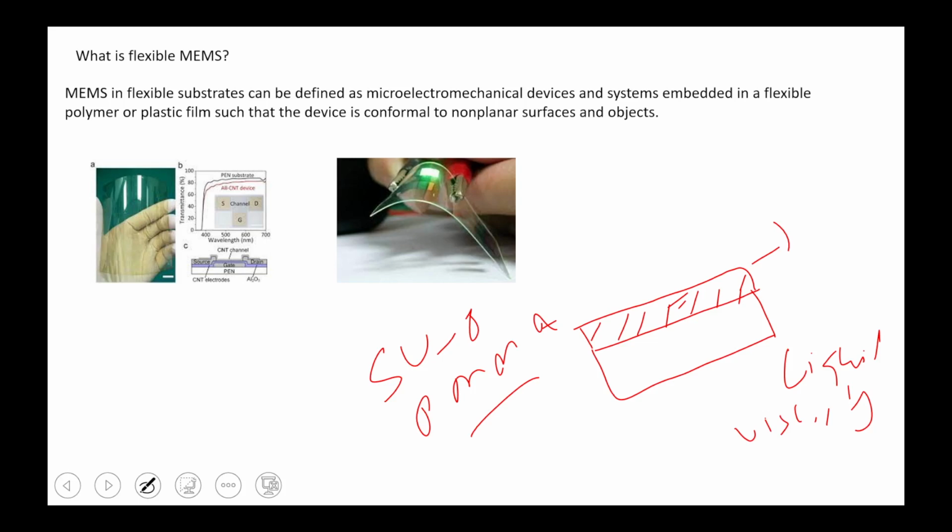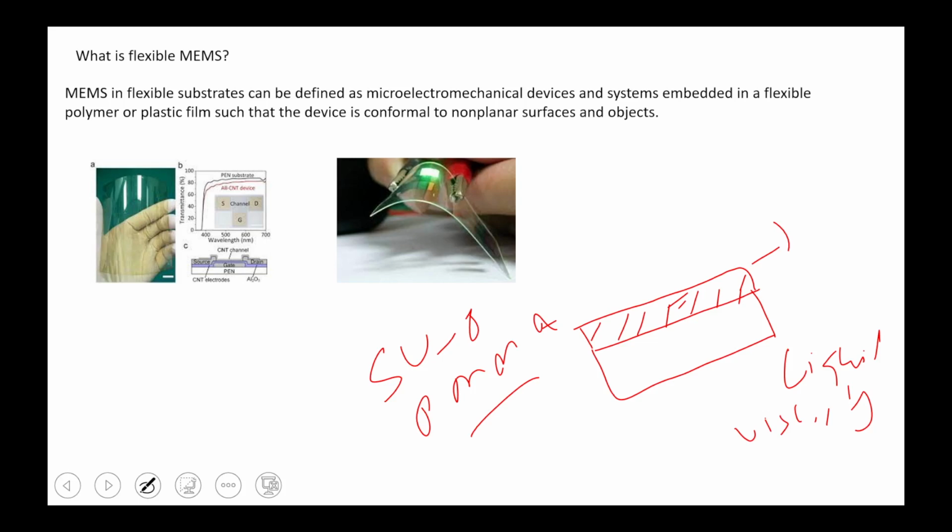This is a diagram of flexible MEMS. MEMS on a flexible substrate can be defined as a micro electromechanical device and system embedded in a flexible polymer or plastic film, such that the device conforms to non-planar surfaces and objects. Before this, we designed MEMS-based devices on silicon, glass, or sapphire substrates. In flexible MEMS, we take the substrate as a flexible type, either a polymer or a plastic film.